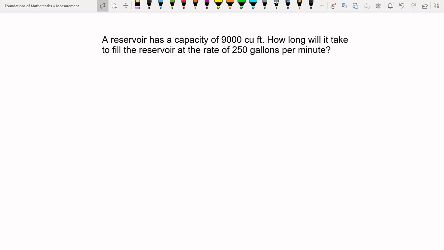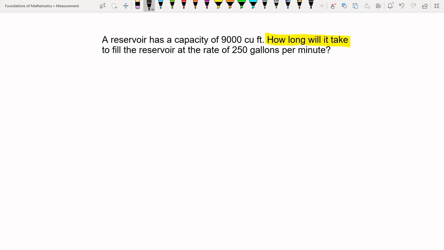All right, this one will be a little bit different. We're still using the same idea, the unity fractions, but what we're trying to get in the end is a little different from what we've done before. We've taken a unit and converted to a different unit. Here, the reservoir has a capacity of 9,000 cubic feet. We want to change cubic feet into a time because it says, how long will it take?